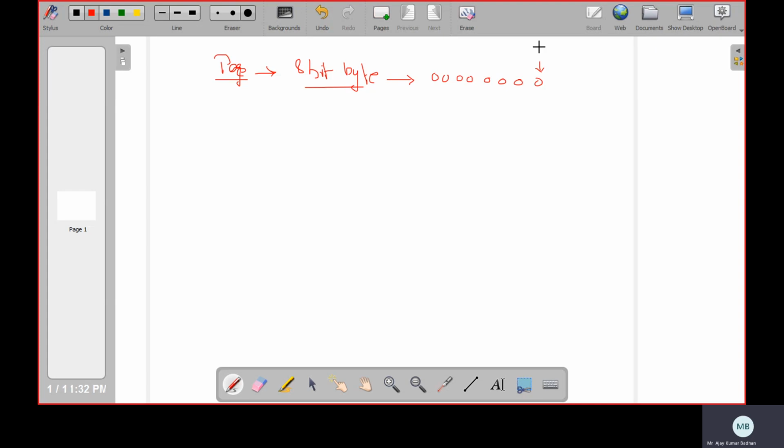Now every bit will represent one time period. So this is one time period, this is another. For simplicity, let us assume this is 1 second, 2 seconds, 3, 4, 5, 6, 7, 8 seconds.